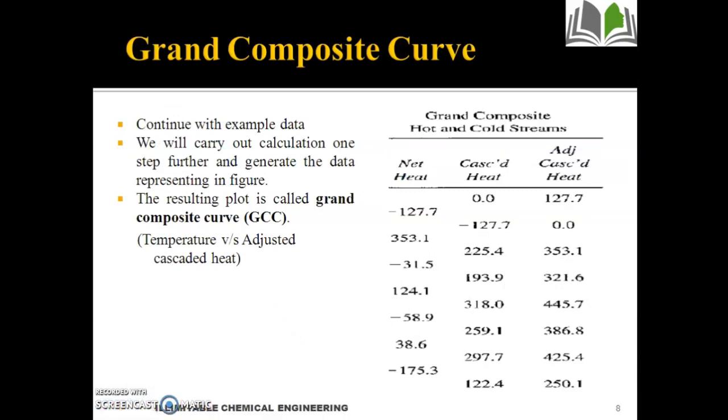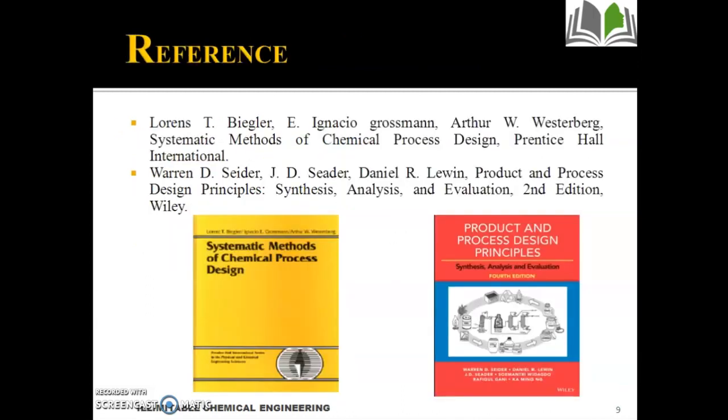You can solve this temperature interval method in Excel also. You can practice one more example for HCC curve and GCC curve based on the GTU paper data, and you will get practice from it. For the reference, I have mostly used the Biegler example and its data.